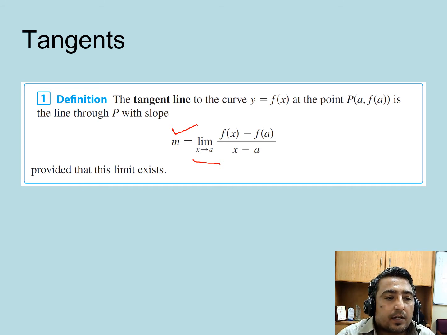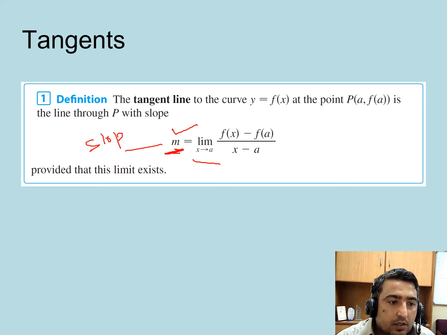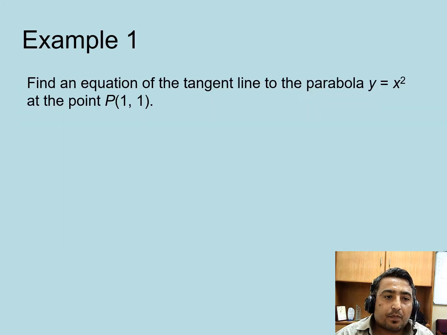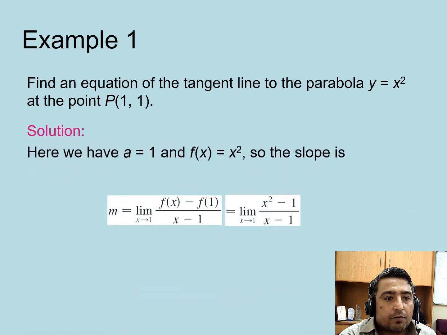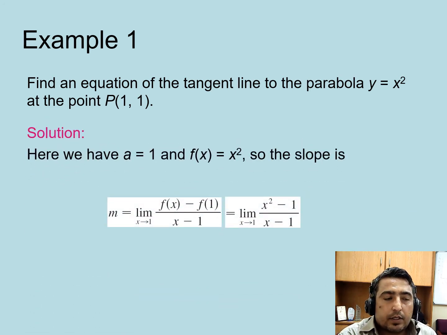So m is the slope of the tangent, and it is equal to this one. So this was the tangent formula, which basically introduced the concept of the derivative, right? And this is the definition of the derivative. Okay.